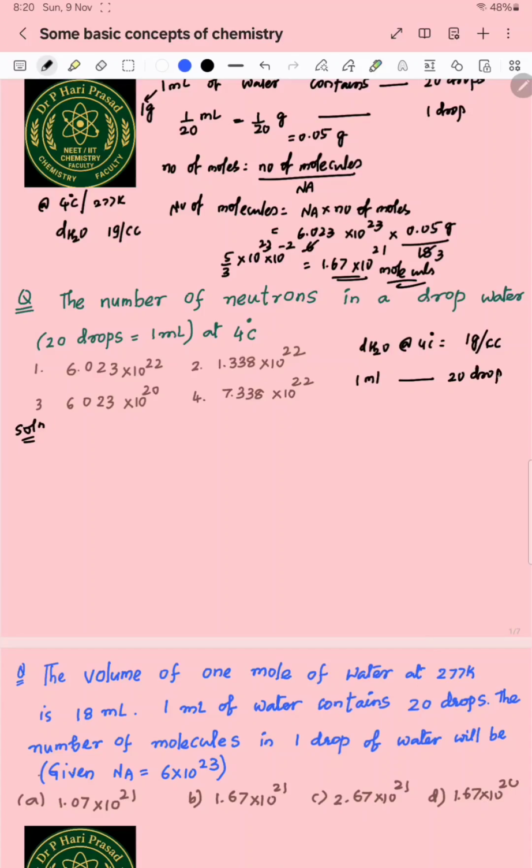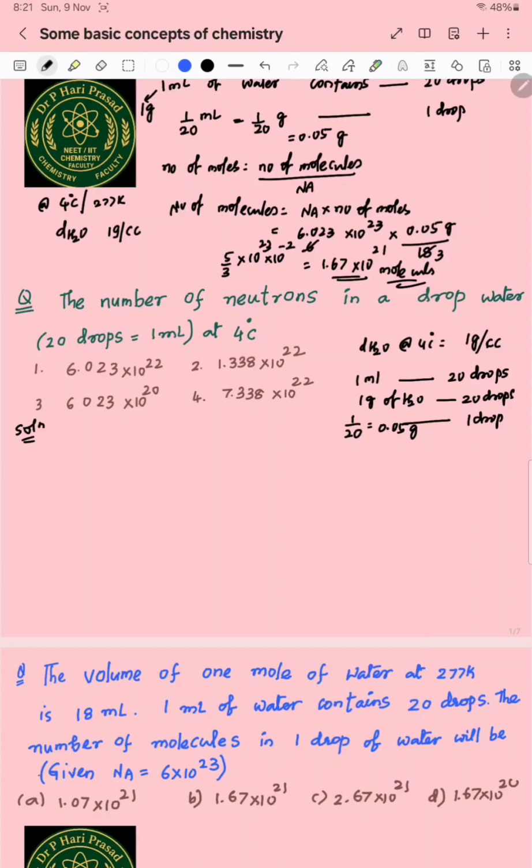So 1 ml is equal to 1 gram of H2O, which contains 20 drops. So 1 drop of water weight will be 1 by 20, which I can write as 0.05 gram only. Now he is asking the number of neutrons.